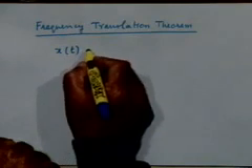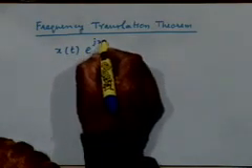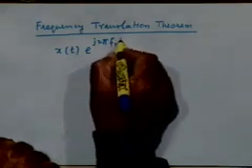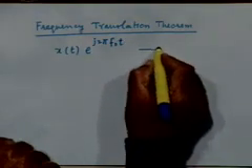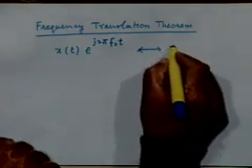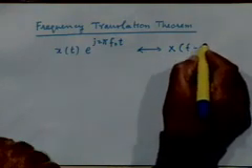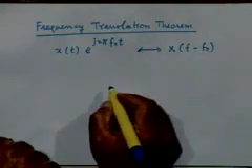This theorem states that if I multiply a time domain signal x of t with a complex exponential e to the power j2 pi f naught t, then its Fourier transform gets translated to the frequency f naught.